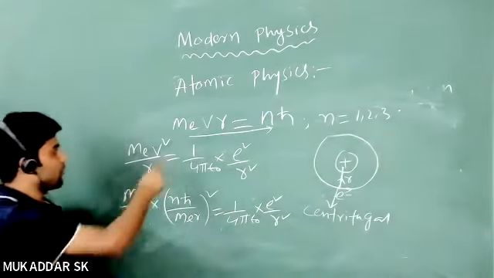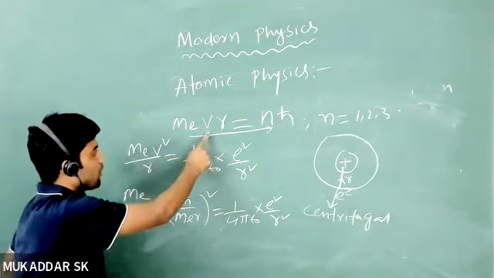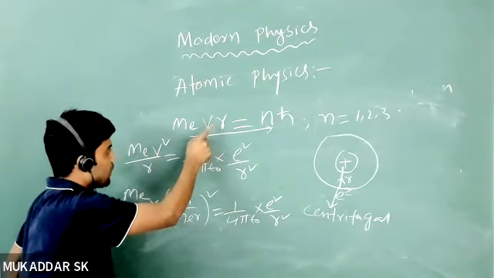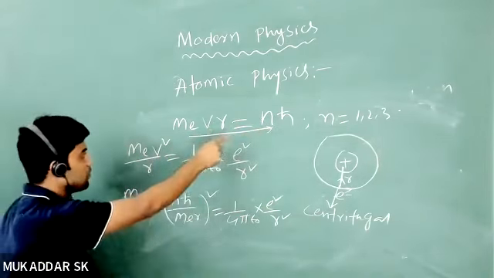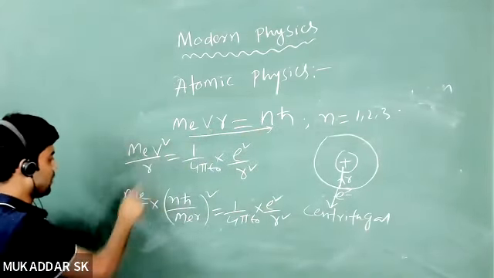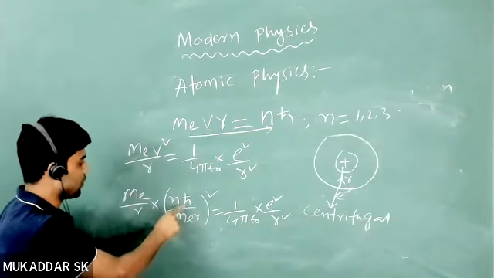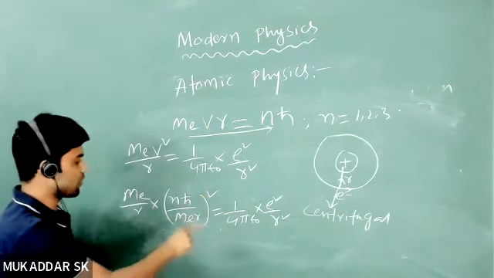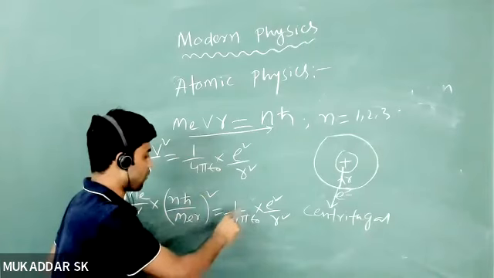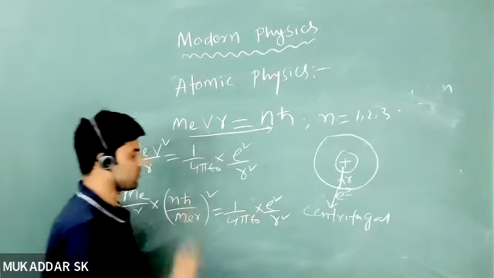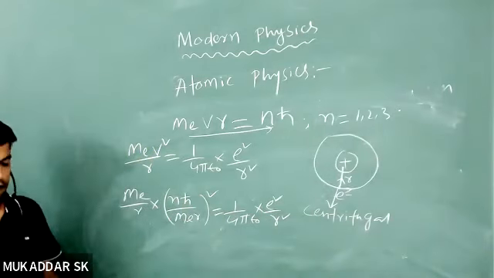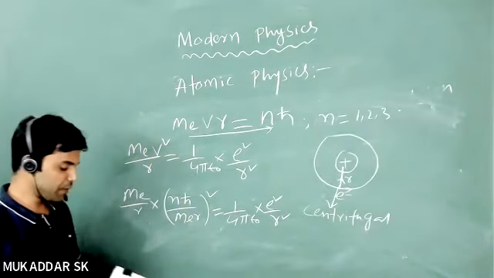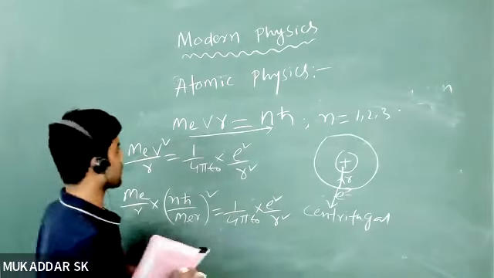So what we have done from this expression: we have taken v as n h cut by m_e into r, and we have substituted that v here. So m_e by r into v square will be n h cut by m_e into r whole square, equal to 1 by 4 pi epsilon naught e square by r square. Now we can find the expression for r.